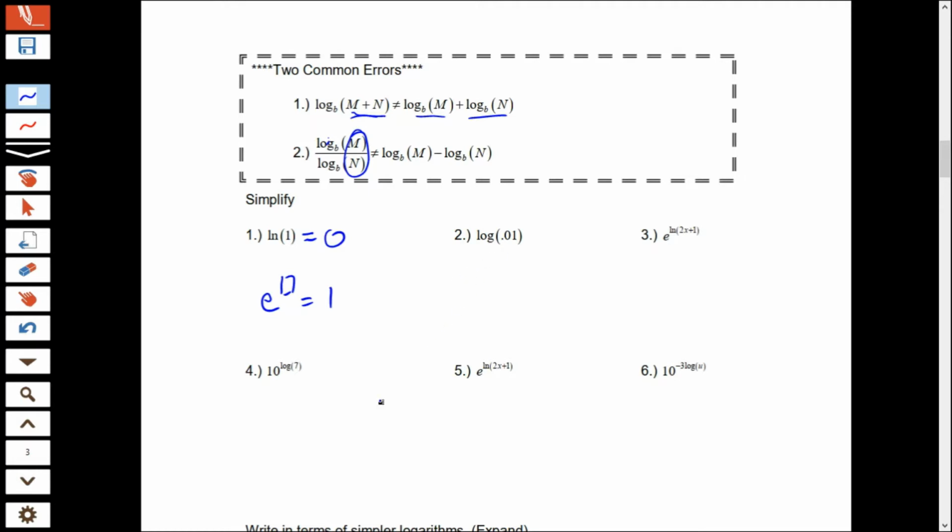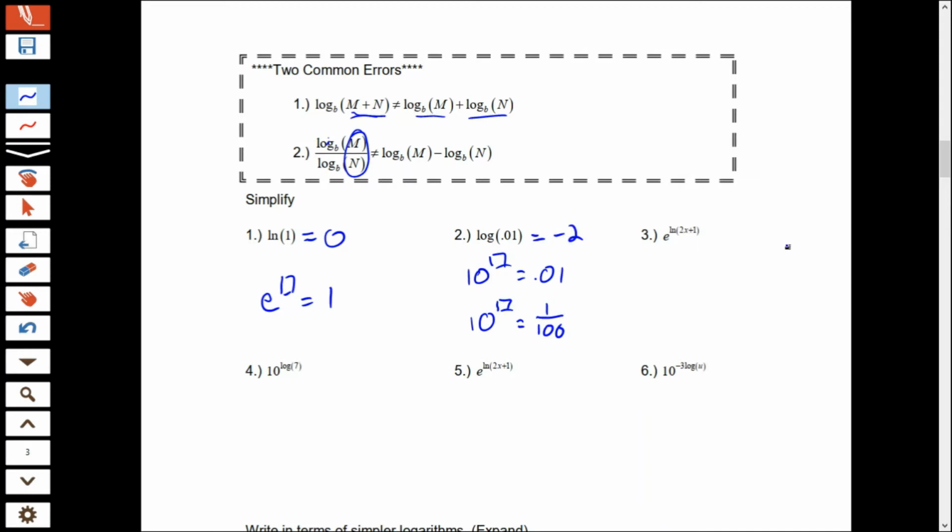You can see there's nothing written down as a subscript, so it's understood to be a base of 10. And we could write this as 10 to the what power is equal to 0.01. Well, that's 10's hundredths. So 10 to the what power is equal to 1 over 100. What exponent is that? -2.